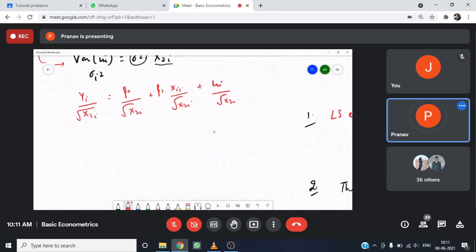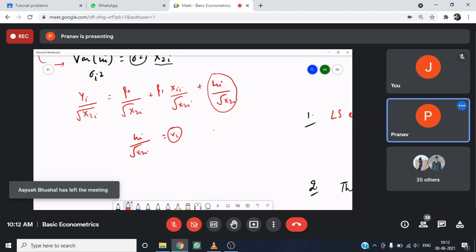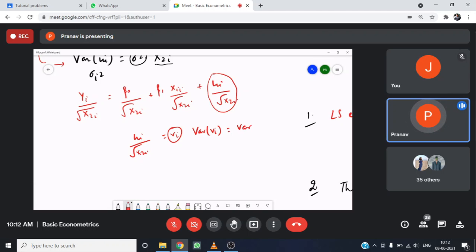All right. Now let us look at this term, ui upon under root of x2i. Let us call this vi. Now, the variance of vi will be the variance of ui divided by under root x2i whole square, because this is a known constant. We know that variance of ax is equal to a square times variance of x, and that's why it gets squared.